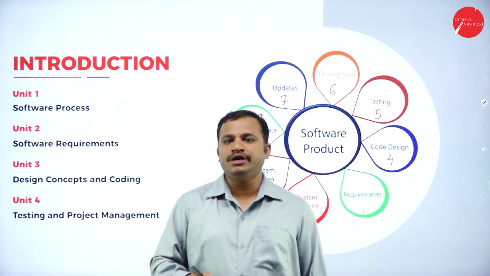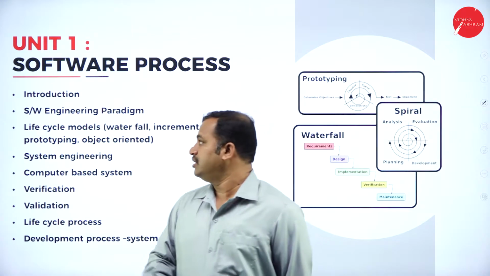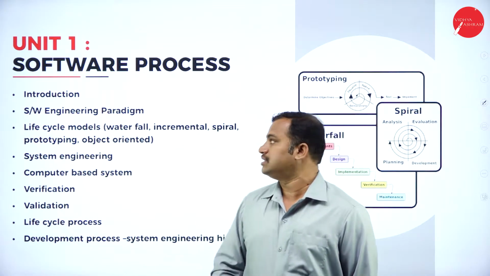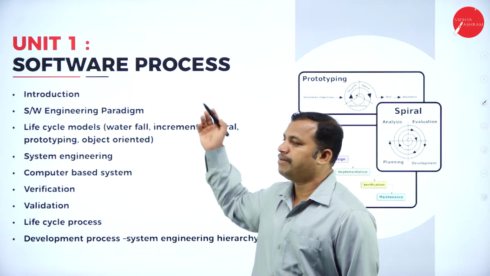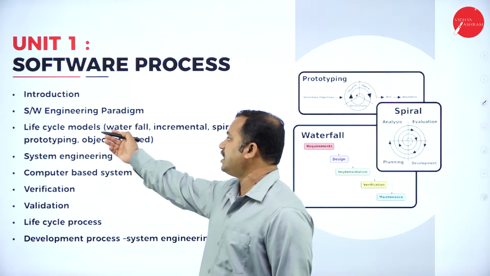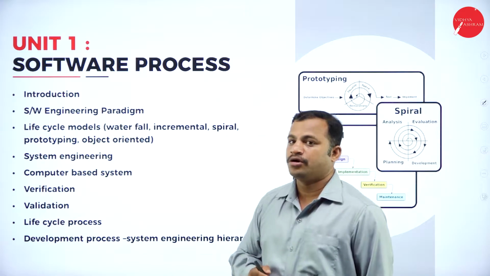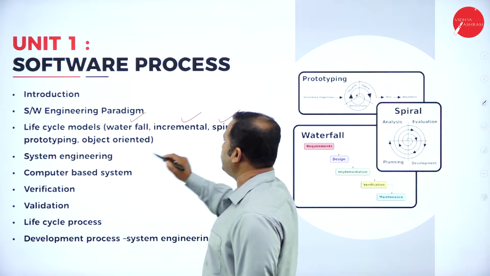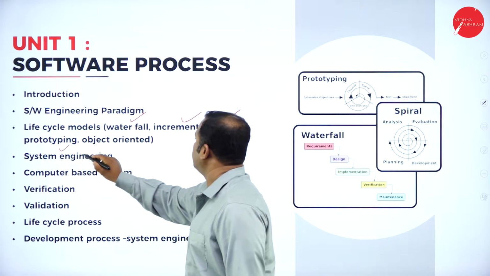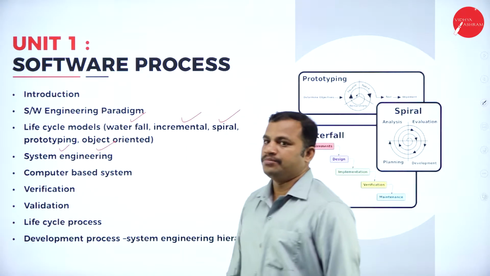If I take up Unit 1 as a reference initially, you will come across these topics, that is, Introduction to Software Process and software engineering paradigm, wherein you will find different types of life cycle models, that is waterfall model, incremental model, spiral model, prototyping, then object-oriented model.